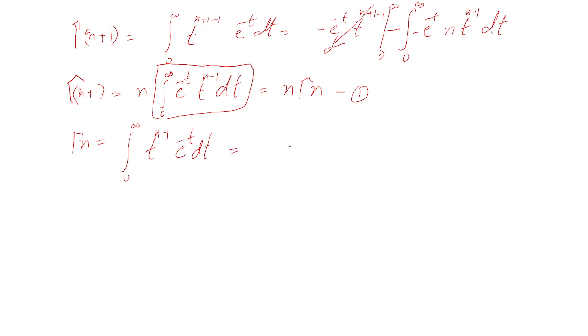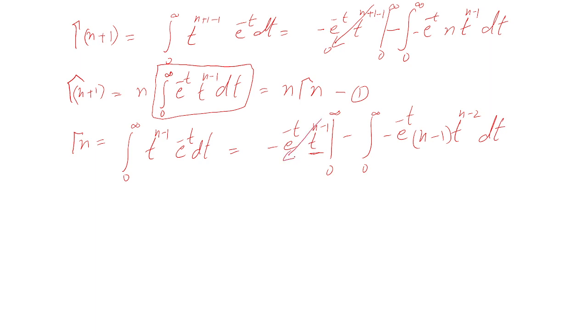This should be equal to minus e^(-t) t^(n-1) with limits 0 to infinity, minus the integral from 0 to infinity of minus e^(-t), and the differential of this function is (n-1) t^(n-2) dt.